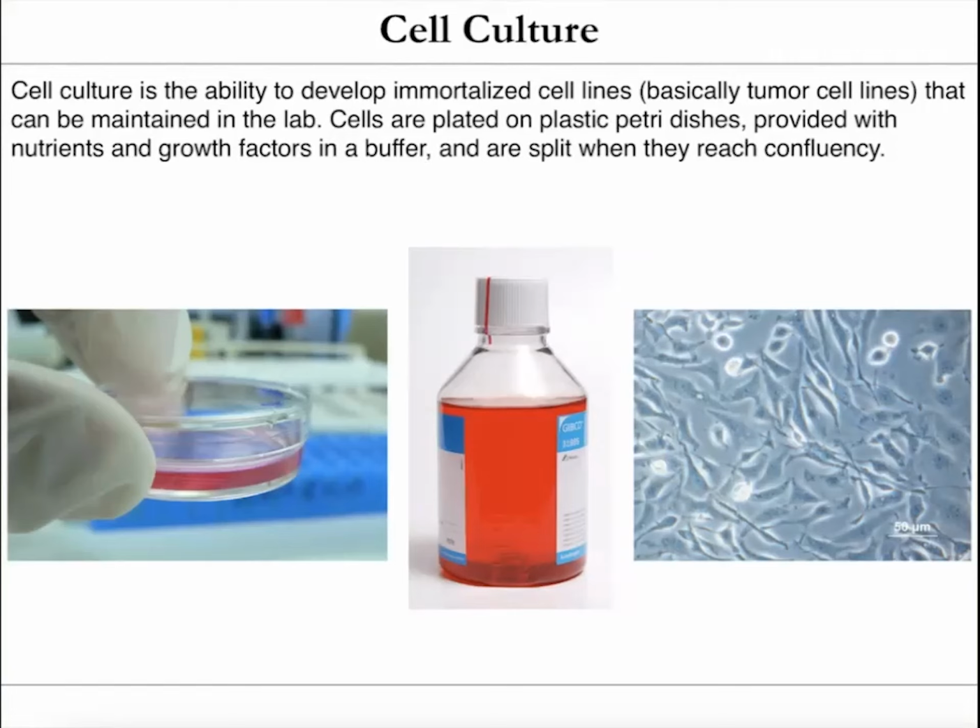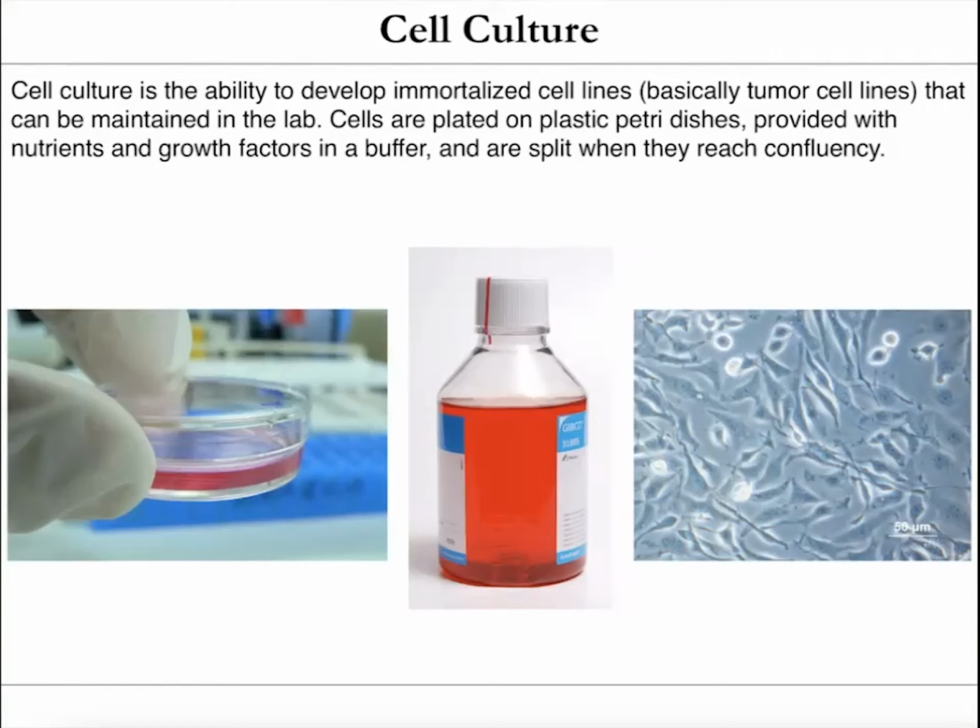Now, there is one really useful application for science that comes from cells that grow uncontrollably, and that's cell culture. The ability for scientists to culture different cells in the lab that grow on a plate and just keep growing is really, really useful.